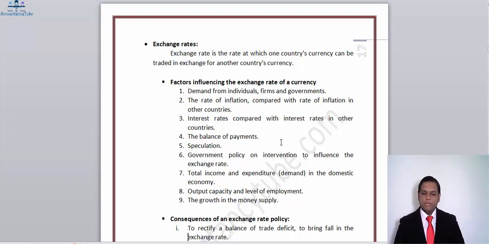Then we have balance of payments. A balance of payments surplus means the revenue from net exports is more than the cost of imports. Vice versa, if the cost of imports is higher than the revenue from exports, we have a balance of payments deficit.